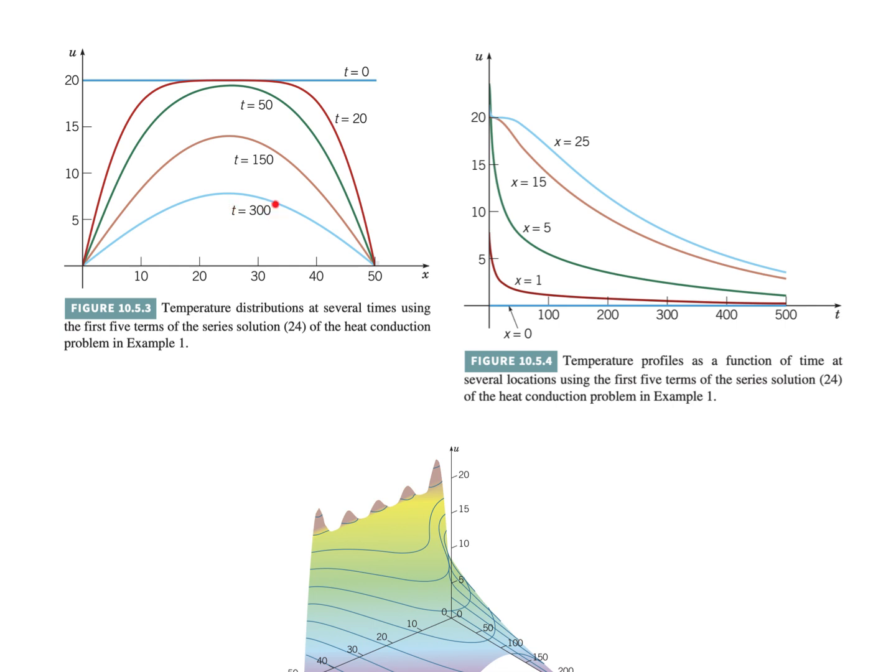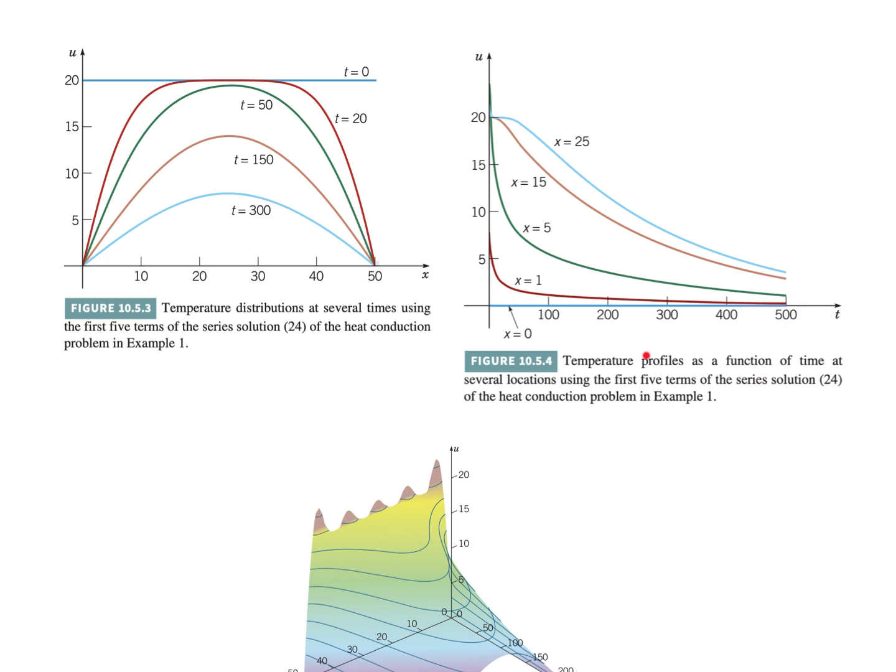So for example, at time t equals 300, these are the positions. So we would see the temperature is highest at this position right here. We're going to notice at position 10, this is our temperature. So we can see as time is increasing, our temperature in general is decreasing.